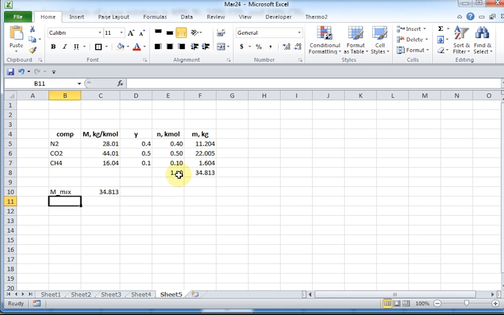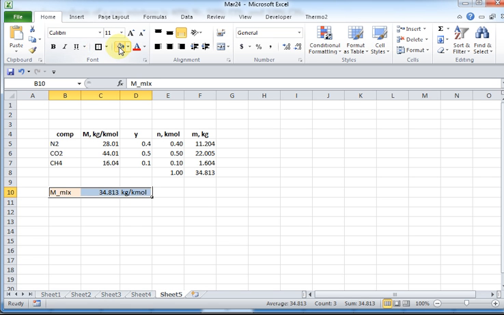And would that give me the units of kilograms per kilomole, the same units as all of these molar masses? So this is our first answer for part A. Box it, color it, make it look pretty, call that answer to part A. So too many digits, just move it over a little bit. There's 4 digits. So for this mixture, if I have 1 kilomole of the mixture, then I'll have 34.81 kilograms.